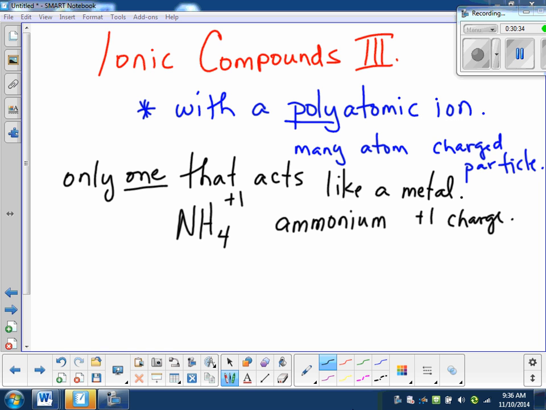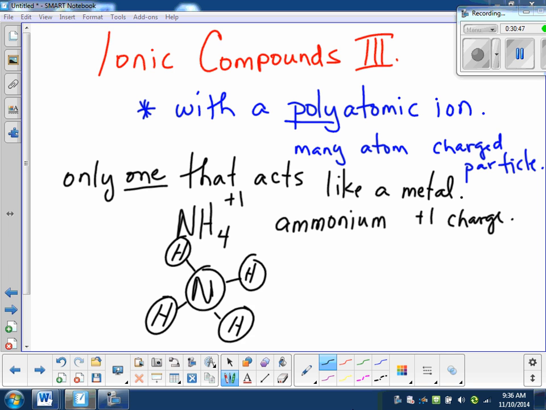We have 1 atom of nitrogen, and around that we have a hydrogen, and a hydrogen, a hydrogen, and a hydrogen. And all together, this chunk here has a +1 charge. It's a polyatomic ion. Okay? So it's made up of nitrogen and 4 hydrogens in a +1 form.